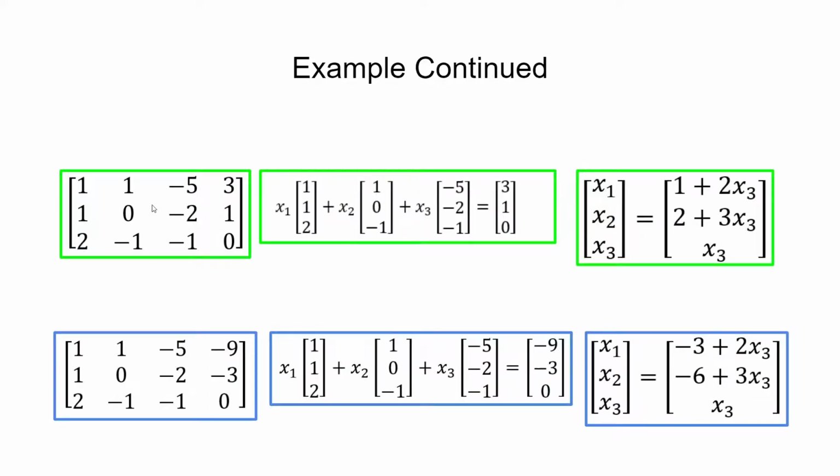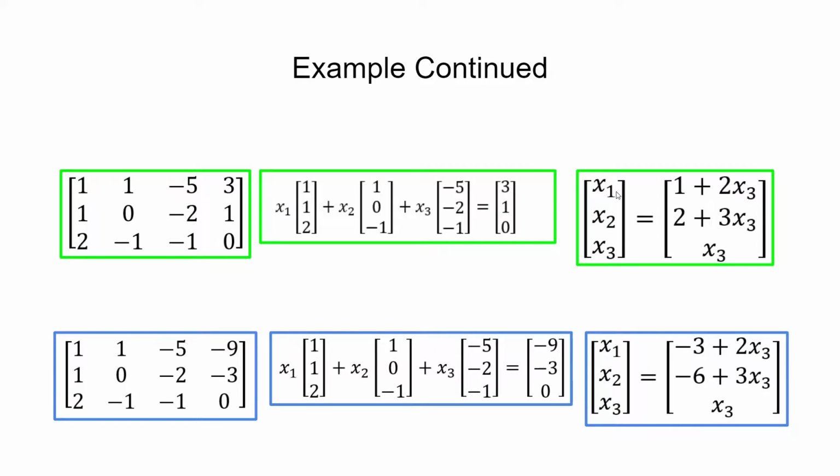So, what we want to do is find that linear combination of vector columns as described on the previous slide. And we've done that here for both matrices, blue and green. So we put it in the form as described, where we have our coefficients times each column equals the b column. And if we solve for these coefficients, we get that in both cases x3 can be a free variable, and x2 and x1 are relative to x3.